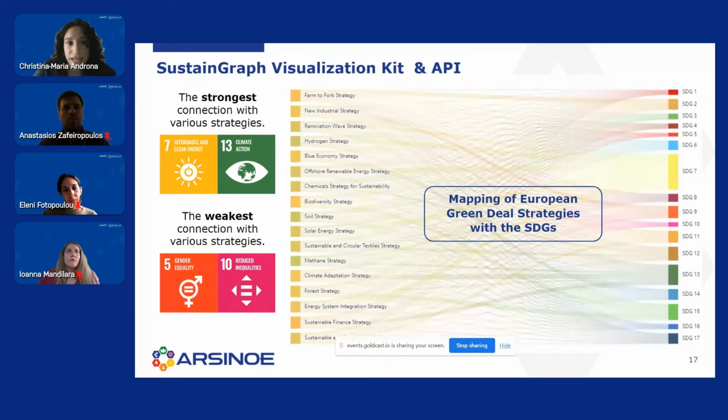From this graph, we can see that the strongest connections from all the strategies go with goal 7 and goal 13, which means that they focus more on clean energy and climate action. However, less focus has been given to gender equality and inequality issues.